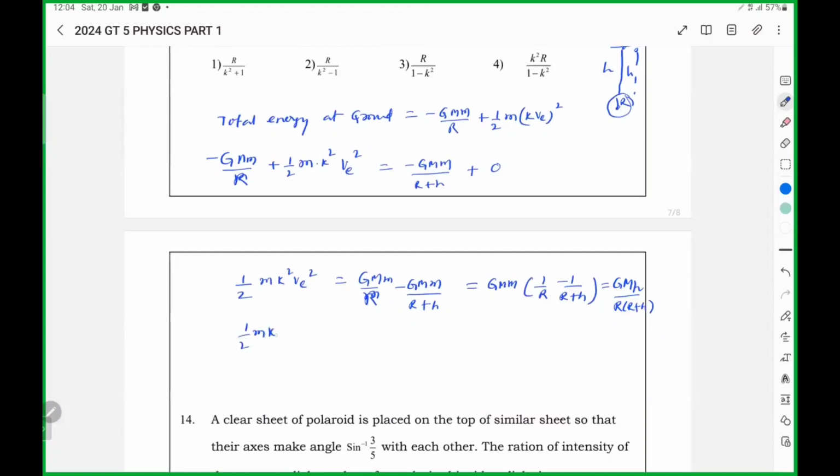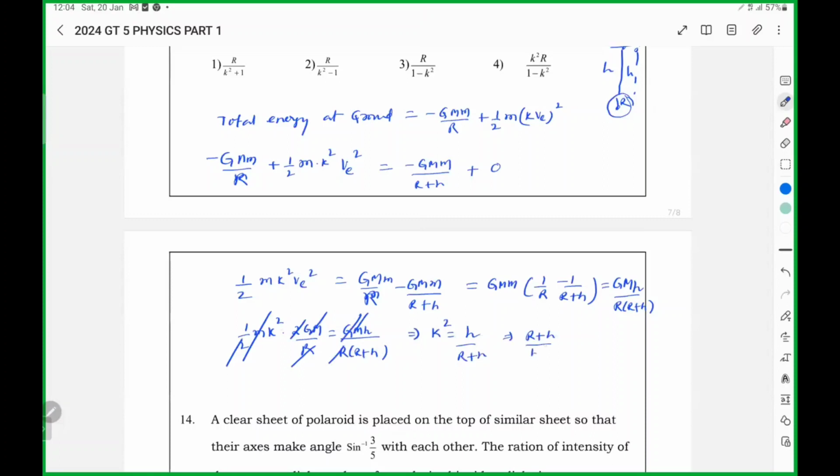So we know that escape velocity is root of 2 G M by R. So leftover will be k square is h by R plus h.